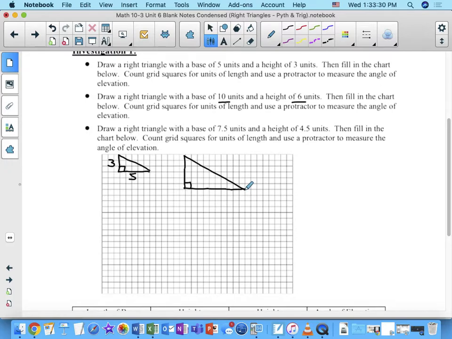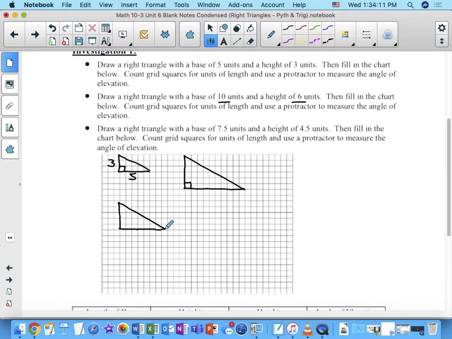Okay, and then the final one has a base of 7.5 units and a height of 4.5. So here what I'll do is I'll start the height halfway in between 2 squares. And I'm going to go down 1.5, 2.5, 3.5, 4.5. That's a little high, so I should actually cut it off there. And then I'm going to go across 1, 2, 3, 4, 5, 6, 7.5. Okay, and again, please be as accurate as you possibly can.